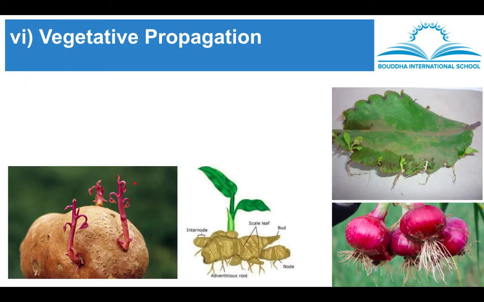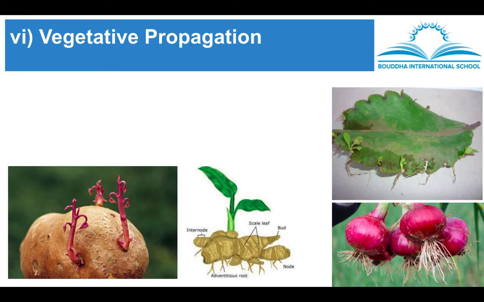Now the last type of asexual reproduction that we are going to study is vegetative propagation. Before going to vegetative propagation, we should know what vegetative parts are. Vegetative propagation also takes place only in plants. Vegetative parts of plants means those parts of plants which do not take part in sexual reproduction.